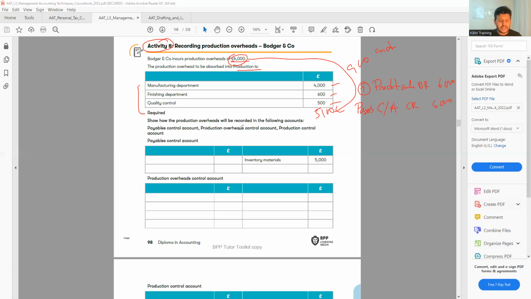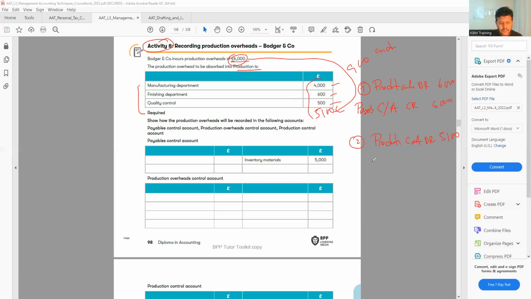Okay, the next one we have is for the absorbed amount, 5,100. Here we're going to say our production overhead control account will be credit and production control will be debit. So production control account will be debit 5,100.